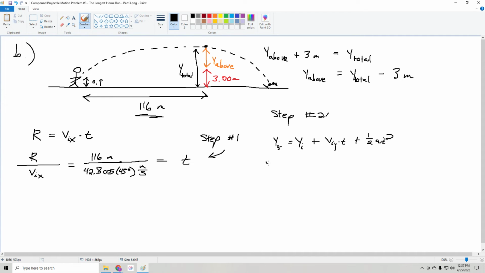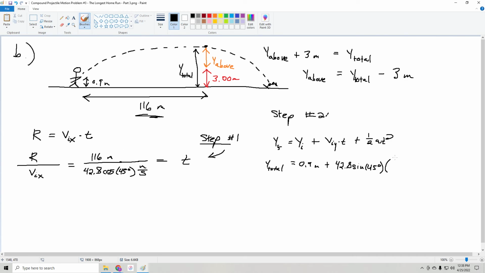That's what we want, and in fact, we'll even just write it that way. y total. The initial y height is the 0.9 meters that the ball was hit at, plus the 42.8 initial velocity of the ball that we solved for in part A. We want the y component of it, so it's the sine of 45 degrees, and we're multiplying that times the amount of time that we solved for here in step 1.